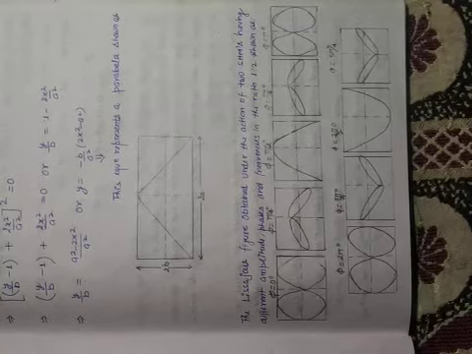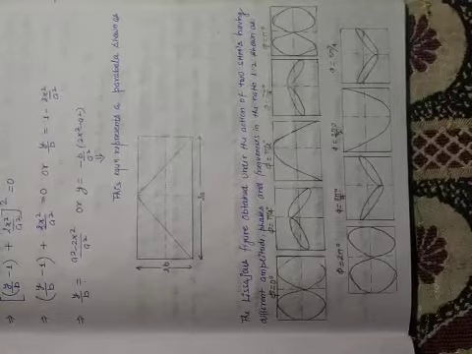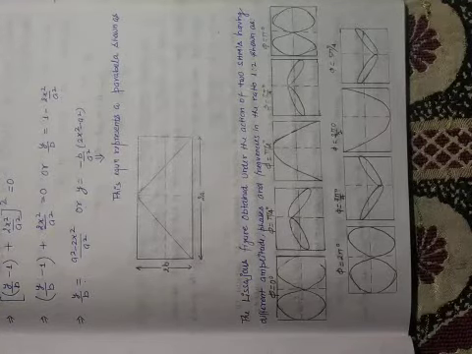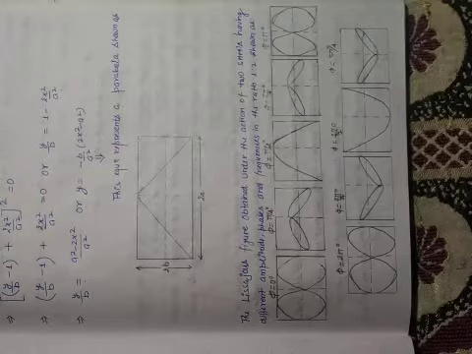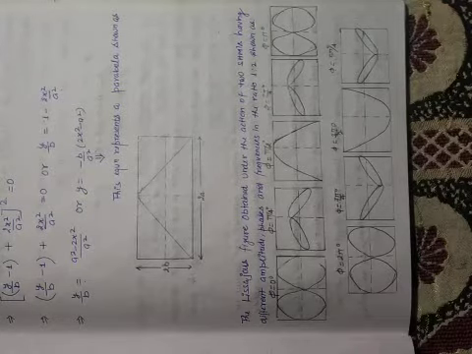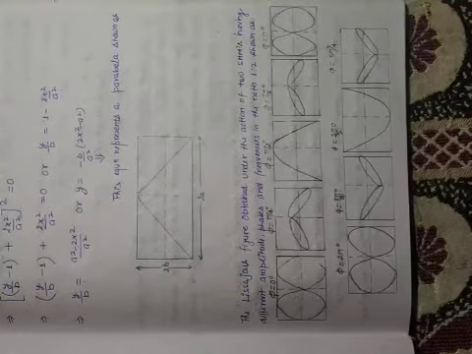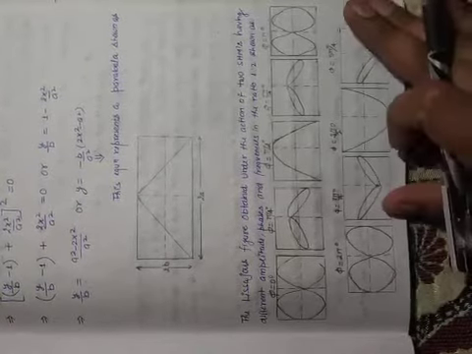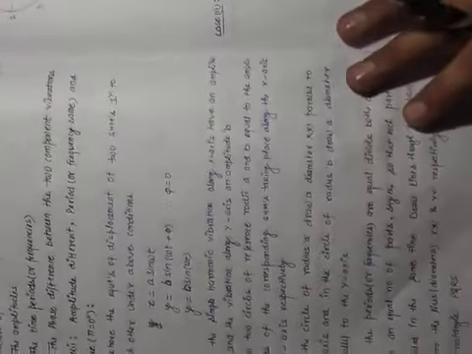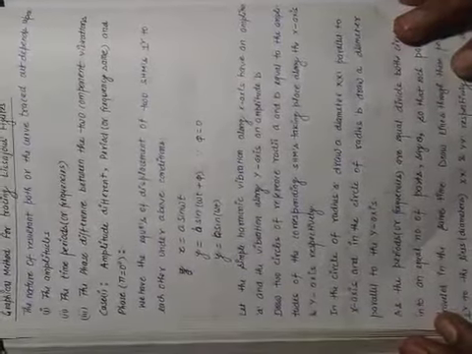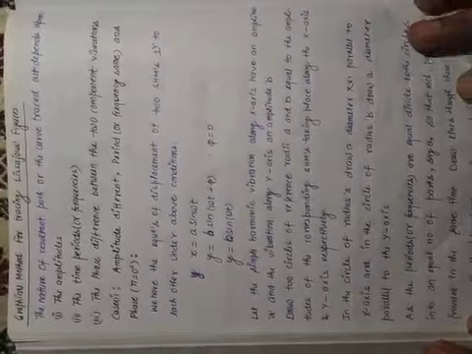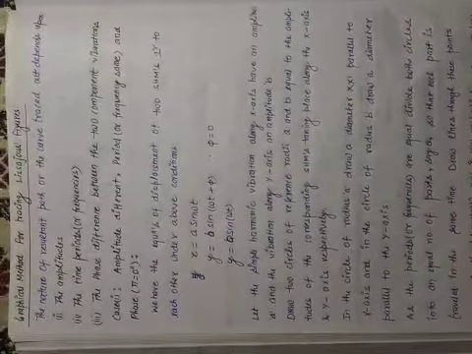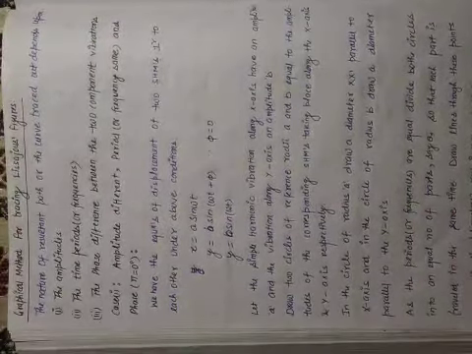There is another method by which we can obtain the Lissajous figure, and that is the graphical method. So let us see this. This is the graphical method for tracing Lissajous figure.